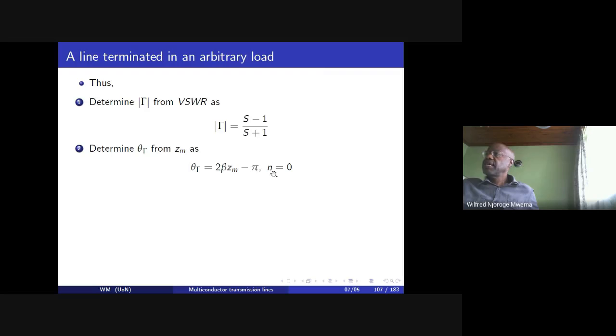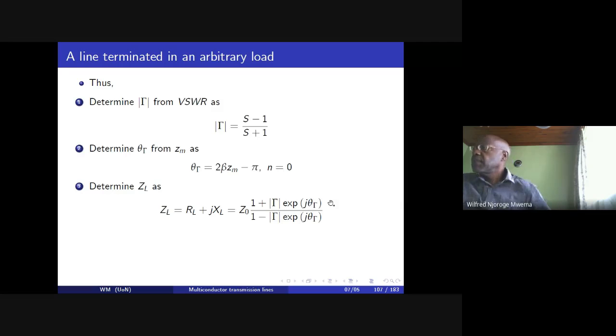And this is for the case when we are looking at the first minimum. So then we'll determine the value of ZL as ZL equal to RL plus jXL equal to Z0 times 1 plus the magnitude of the reflection coefficient multiplied by the exponent of the angle, over 1 minus that value there.